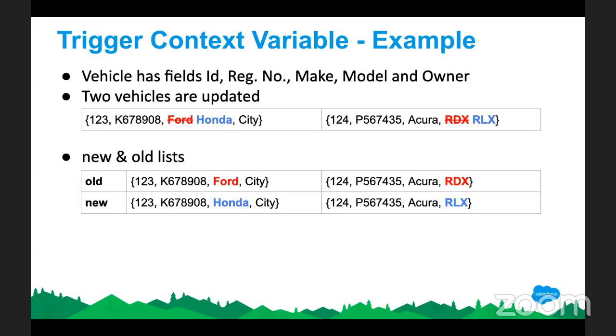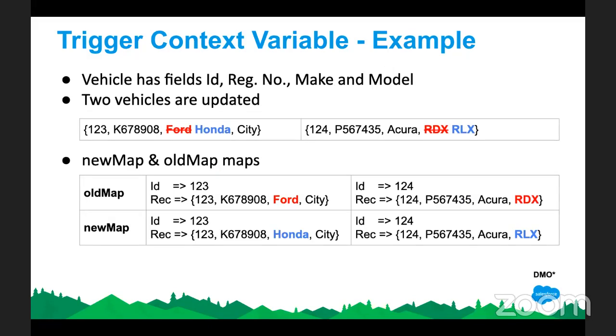I am using the same example to show what is the map, new map and old map. So if you see the first two bullets are same, it is the same thing. I am making an update and the old map will keep the ID as the key and the record itself as the value. So old map will contain two keys, 123 and 124.